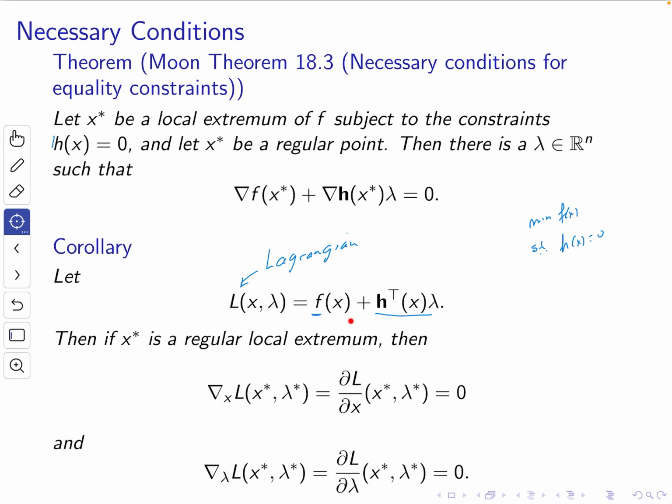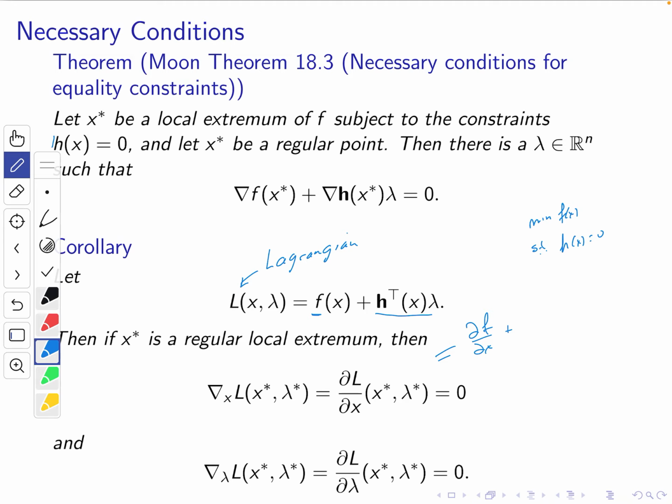If it's a local extremum, then when I take the gradient with respect to x here, what am I going to get? The partial of L with respect to x is going to be the partial of f with respect to x plus the partial of h with respect to x times lambda. This has to be equal to 0. So we know that the partial of L with respect to x at a local extremum has to be equal to 0.